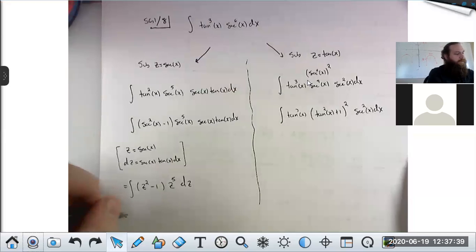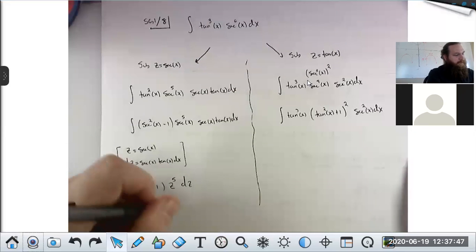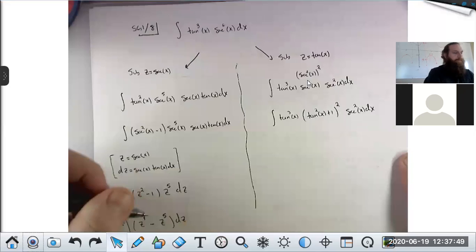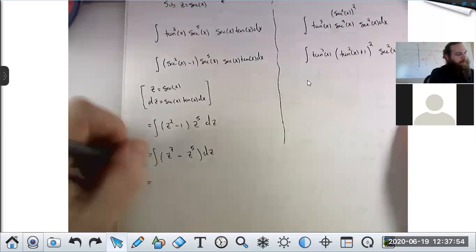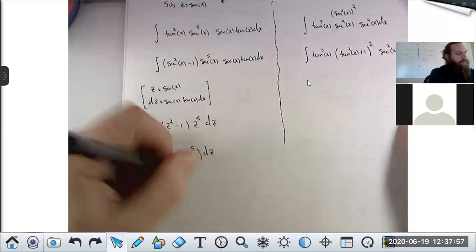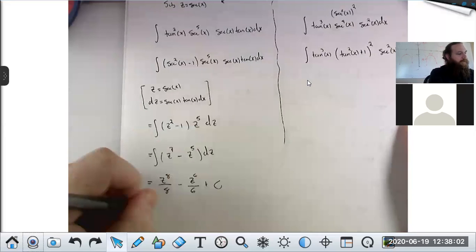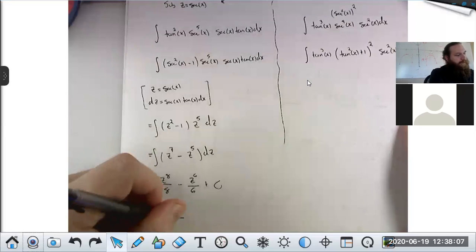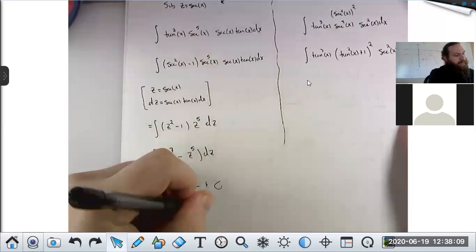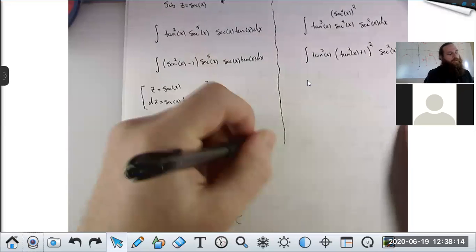So this is the integral of z to the 7 minus z to the 5 dz, which would become z to the 8 over 8 minus z to the 6 over 6 plus a constant. And then we go back to our secants. So this is secant to the 8 of x over 8 minus secant to the 6 of x over 6 plus c. All right, that's one solution.